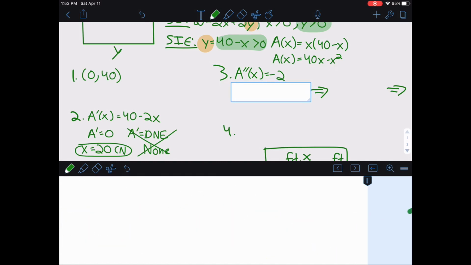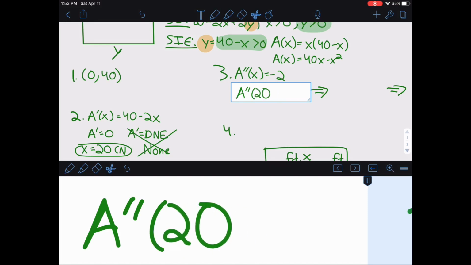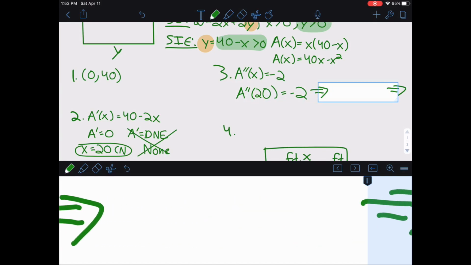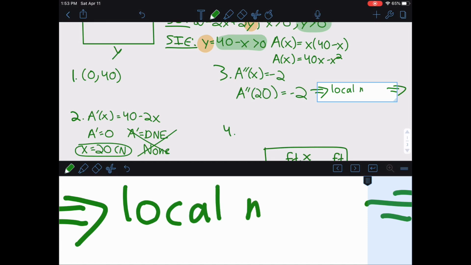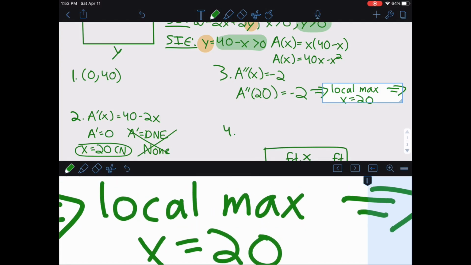So my second derivative at 20 is always going to be -2, which means we are looking at concave down at a critical number, which means that we have a local max at 20.